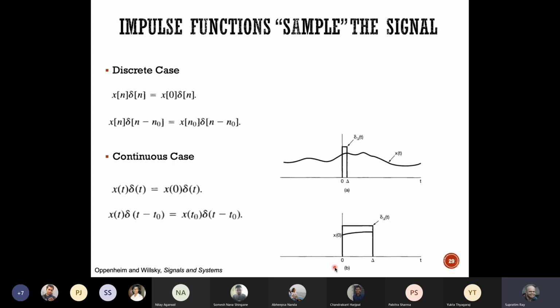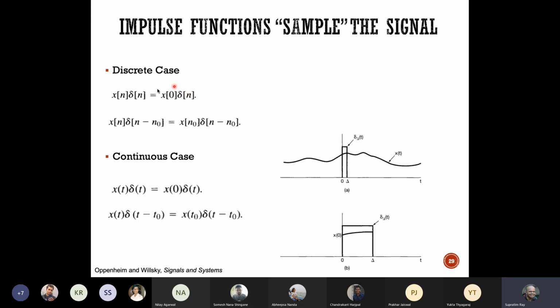Since we've run out of time, I'll maybe just tell one thing you can ponder over. An impulse function is actually something that samples the signal. If I multiply a signal with an impulse function, it's the same as the value of that signal at that point. This is easy to see because the delta function is 0 everywhere else.